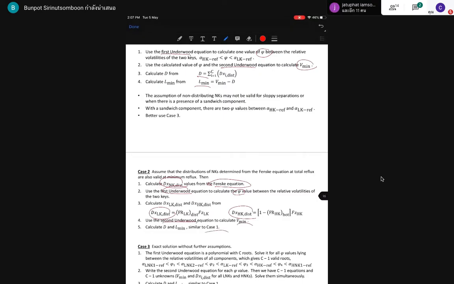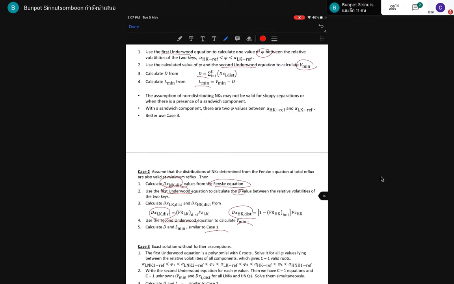The difference between case two and case one is that in case two you use the Fenske equation and you don't assume complete separation of the non-keys. In case one, you don't use the Fenske equation, and you assume complete separation of light non-key and heavy non-key.